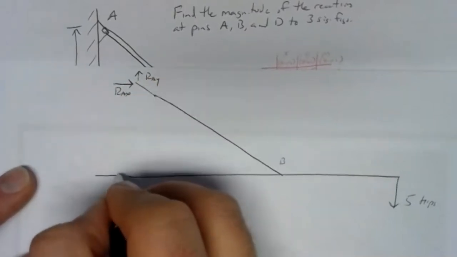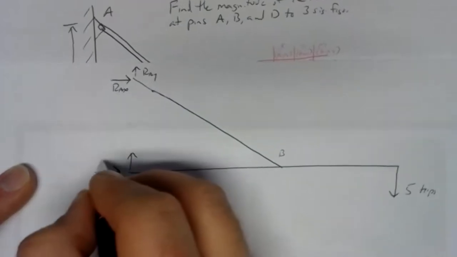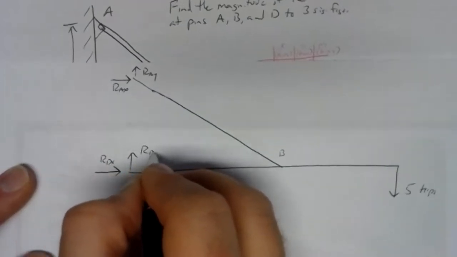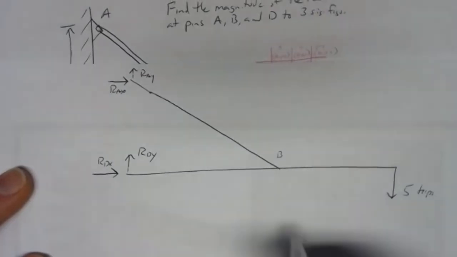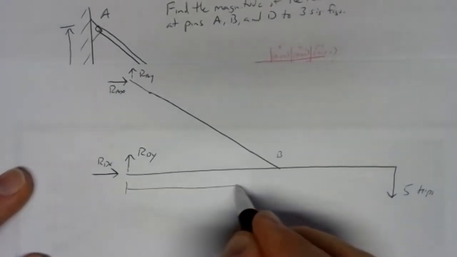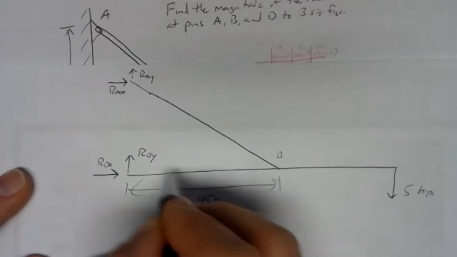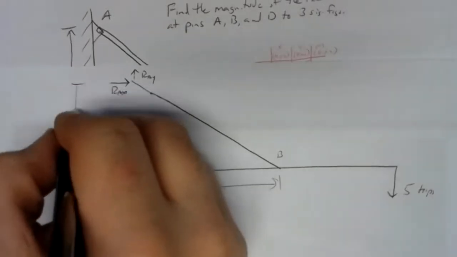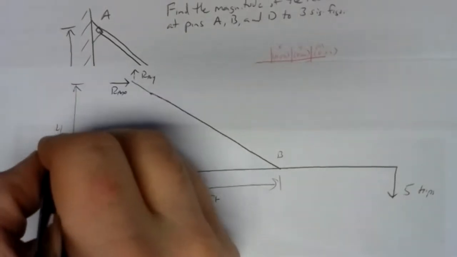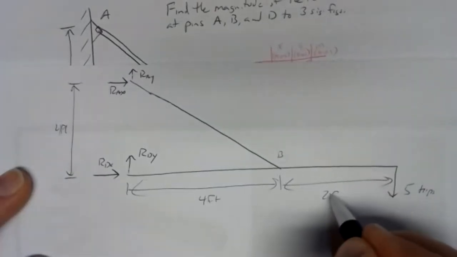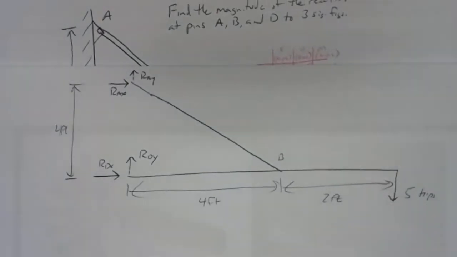We've also got a pinned support down here at D, so I'll call that RDX and RDY. And we've got some geometry, and I screwed up the scale here, but this was 4 feet. This is also 4 feet. And this is just 2 feet. So I went a little far on that drawing. So that's the external problem's free body diagram.